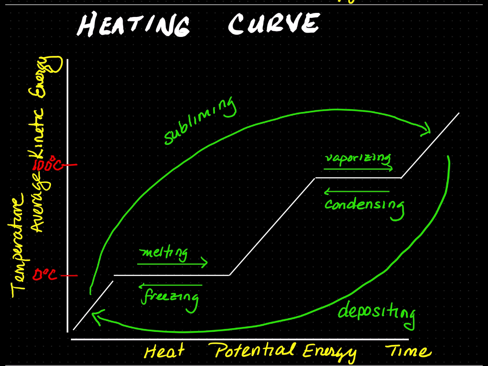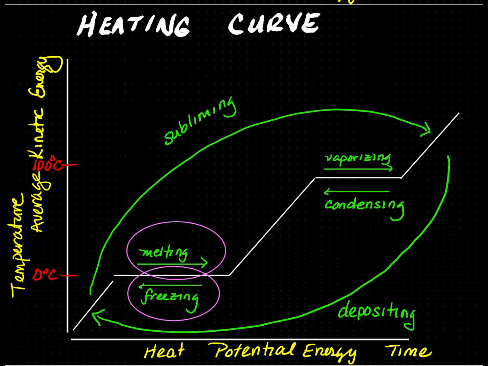In the heating curve, you could also locate the different types of phase changes. For water, at 0 degrees Celsius, as I go to the right, more heat energy, potential energy, is being added. It is melting. The opposite of melting is freezing. These are phase changes. If you notice, there's no change in temperature.